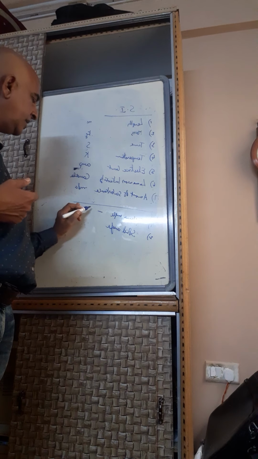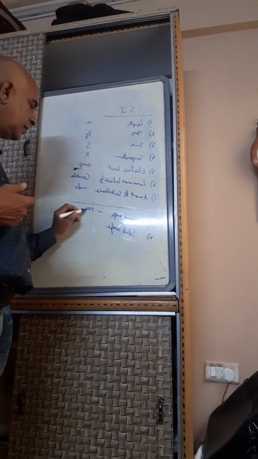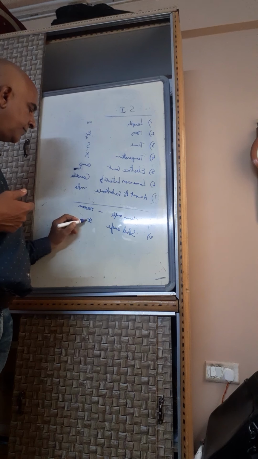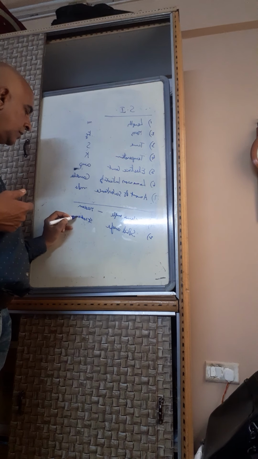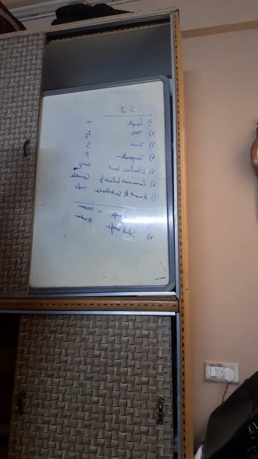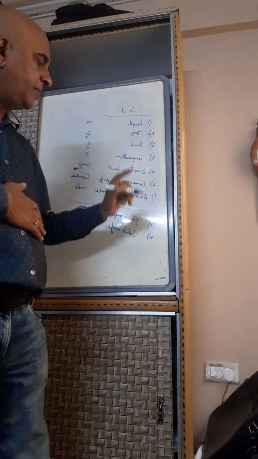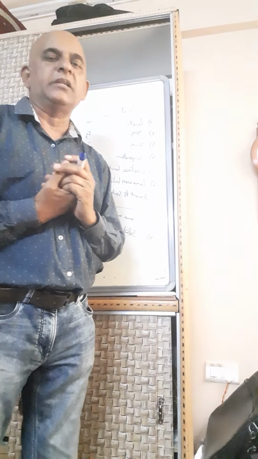Plane angle is measured in radian, solid angle in steradian. Okay, so this is about the SI system. There are seven fundamental quantities and two supplementary quantities.